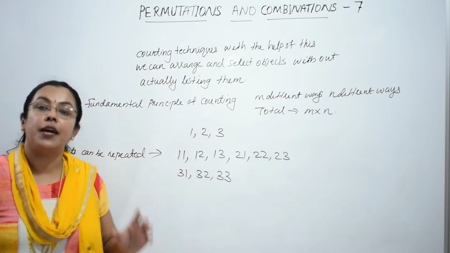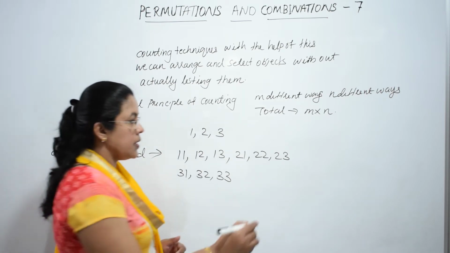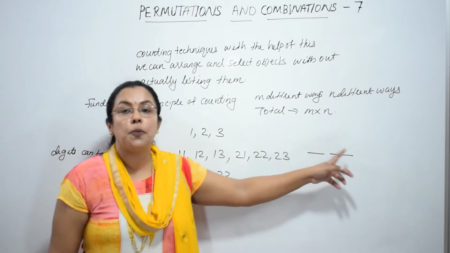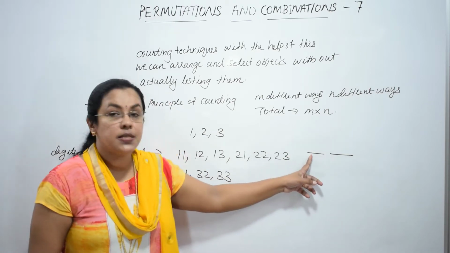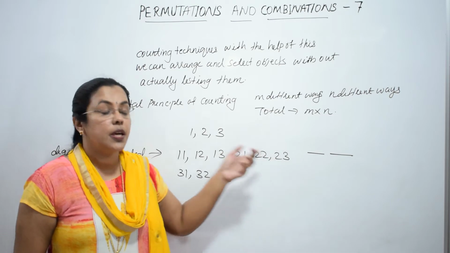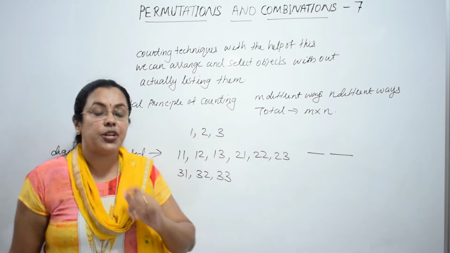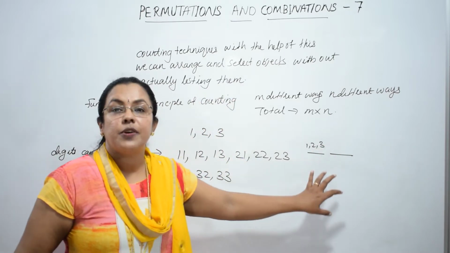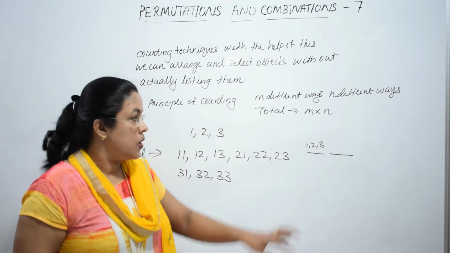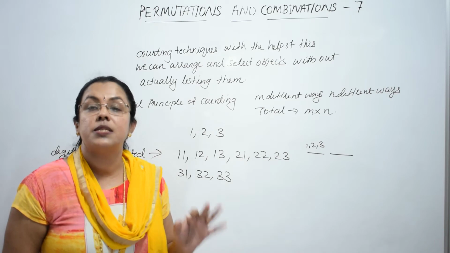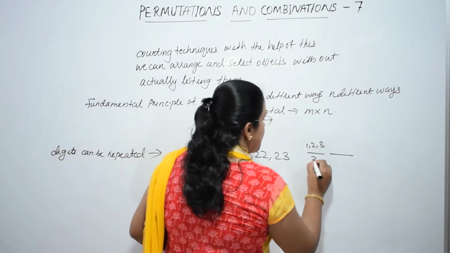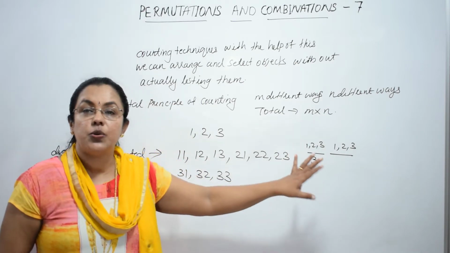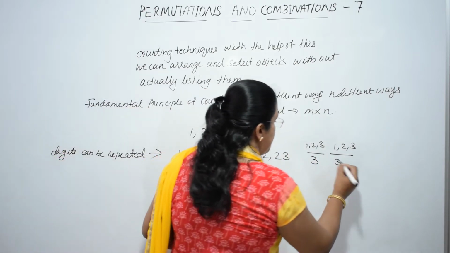Suppose we apply the fundamental principle of counting. Then what is the answer? There are two places. The first place can be filled using 1, 2, 3, that is, in 3 different ways. The second place also can be filled using 1, 2, 3 in 3 different ways.